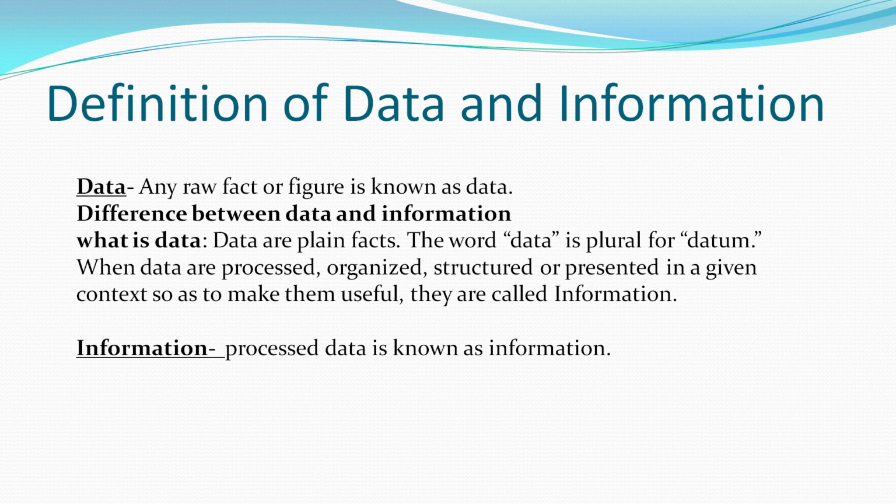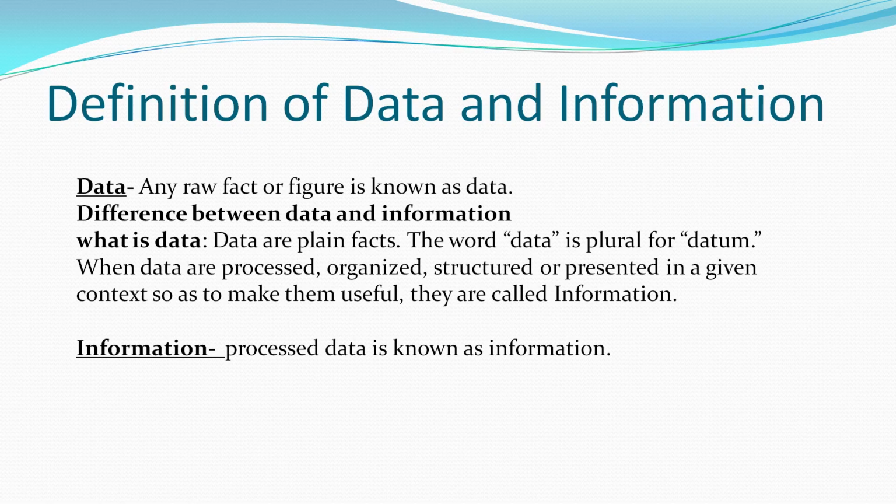Data is nothing but any raw fact or figure that we see with the naked eye. So, any raw fact or figure is known as data, and the difference between data and information is that data are plain facts, while the word data is the plural form of datum.